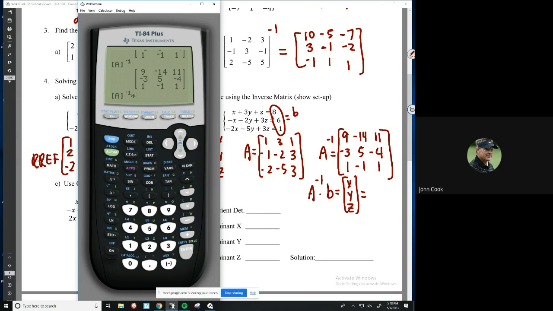So I got to make a little vector that's 8 and then 6 and then 1. Let's call it B. And this is 3 rows and 1 column. And then it's going to be 8, 6, and 1. There we go. And now we'll multiply this times B.